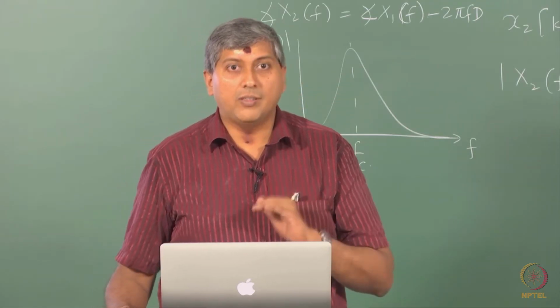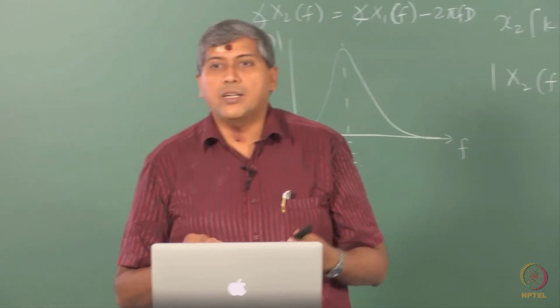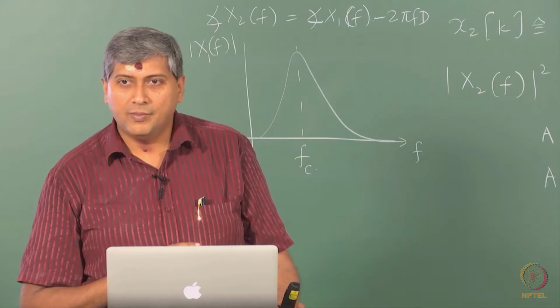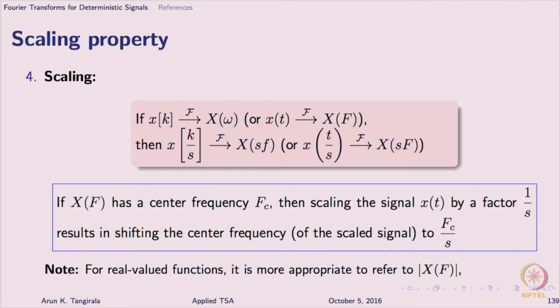If you look at it carefully, you are saying x of k by s. It says that the Fourier transform accordingly is dilated or compressed. For example, you take x of k over s. The property says that the Fourier transform of x of k over s is x of sf. So, the reverse is happening in the frequency domain.